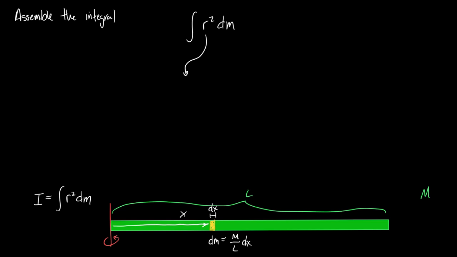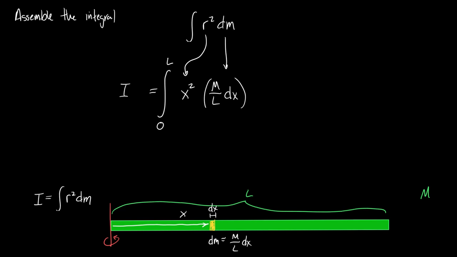Can we agree that in this case it's x? So I put x squared. We spent most of our time figuring out what dm is. That's what the whole setup was about. Being able to put in that dm is m over L dx. Now we need to tell the integral to begin at the first piece and end at the last piece. The execution of this integral should give us the moment of inertia.